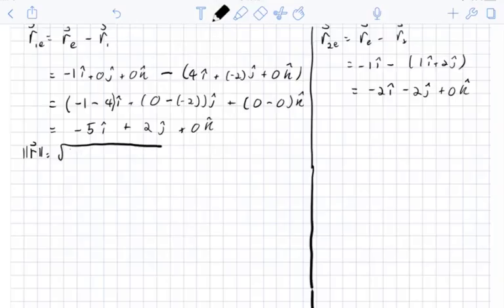So it's minus 5 all squared plus 2 all squared plus 0 all squared, which becomes square root of 29. And then our unit vector is going to be our original vector divided by whatever this value is.